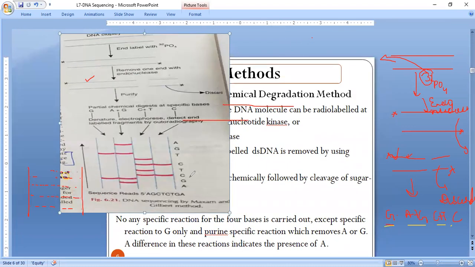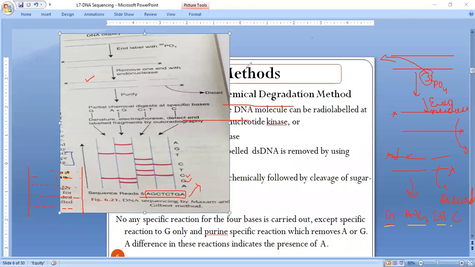This lower band stands for adenine, then guanine, then cytosine, and so on. The sequence obtained as a result of the chemical degradation method is in the 5' to 3' direction, and this is the sequence. If you know the sequence, you can easily multiply it and make multiple copies of it.